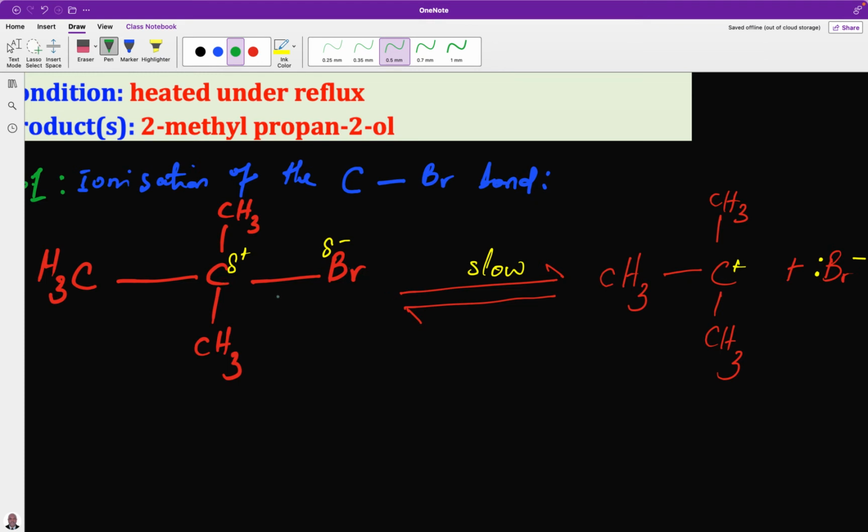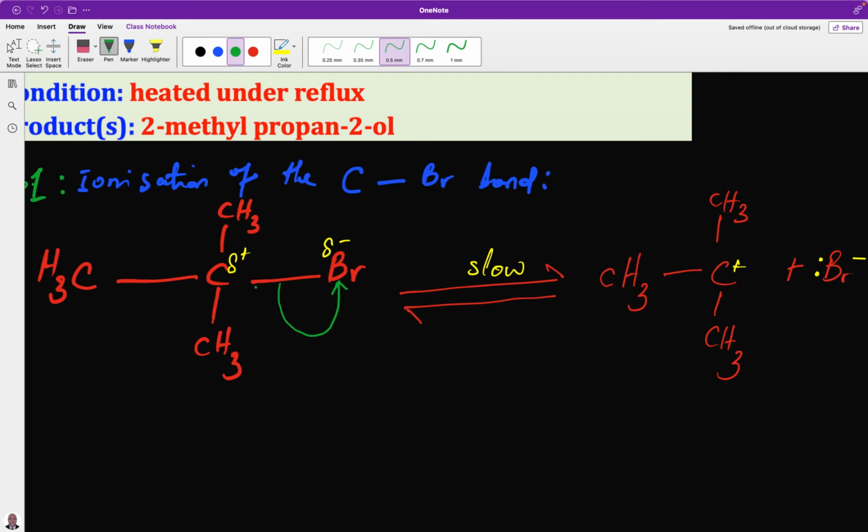So it has that tendency to draw electrons towards itself. Electrons will move towards this one. Now it's a slow process. Ionization takes place. A carbocation is formed, and the bromide leaves with a pair of electrons.